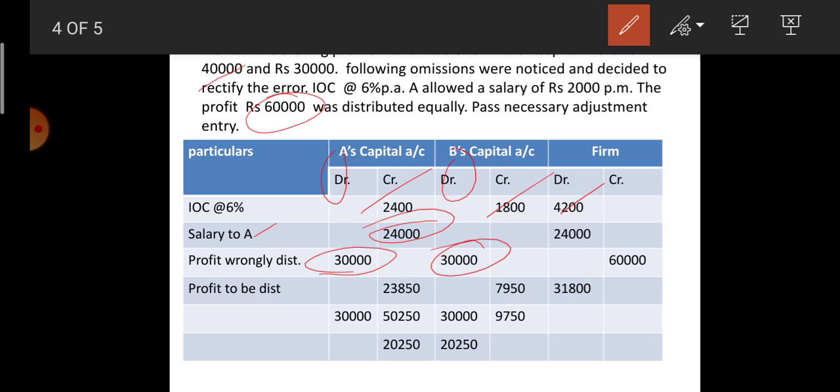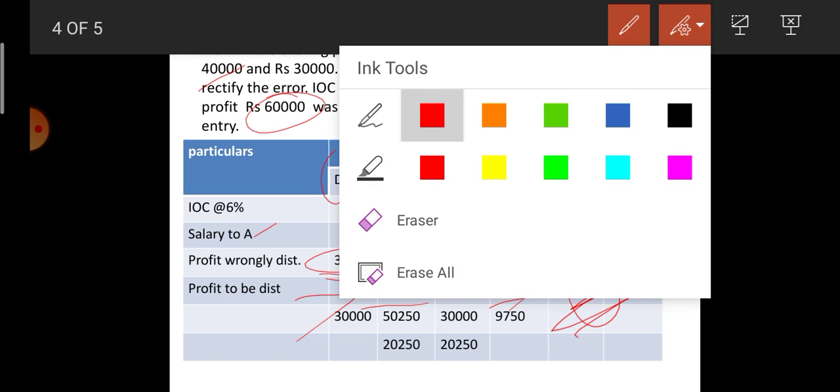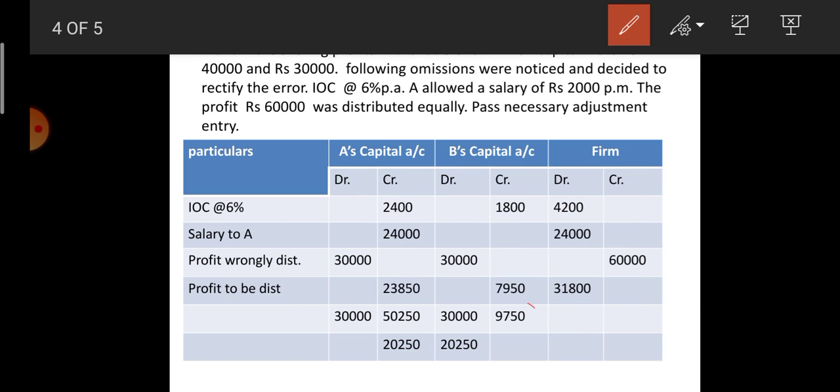Now see, find the balancing figure. 60,000 minus 24,000 and 4,200 is 31,800. This 31,800 will be distributed among the partners in the ratio of 3:1, which comes to 23,850 and 7,950. Now find out the net difference. A's debit side total is 30,000 and A's credit side is 50,250.